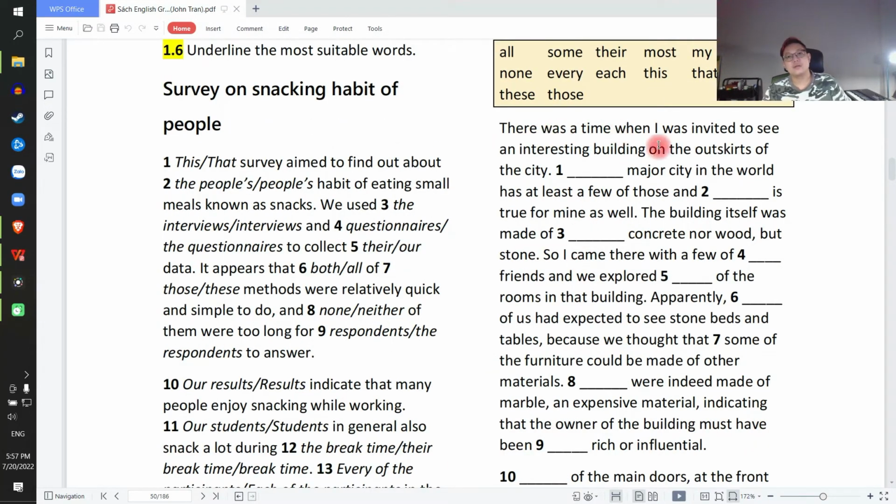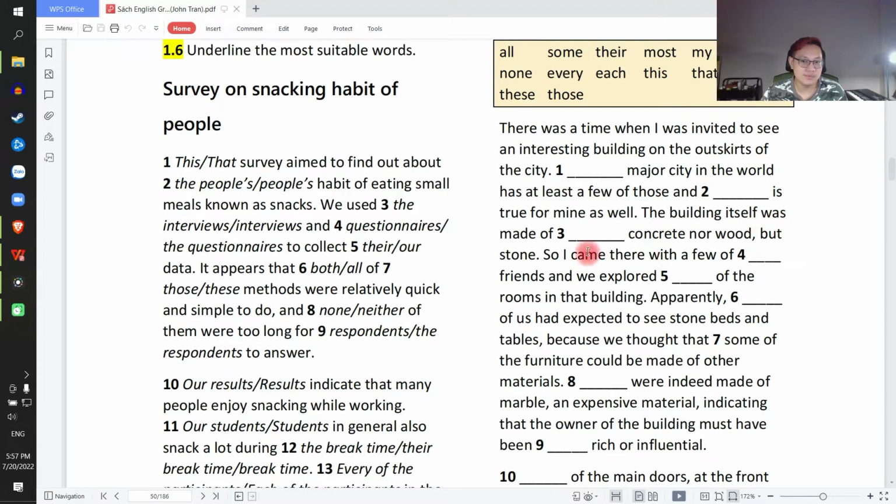There was a time when I was invited to see an interesting building on the outskirts of the city. Every or each major city in the world has at least a few of those. And this or that is true for mine as well.